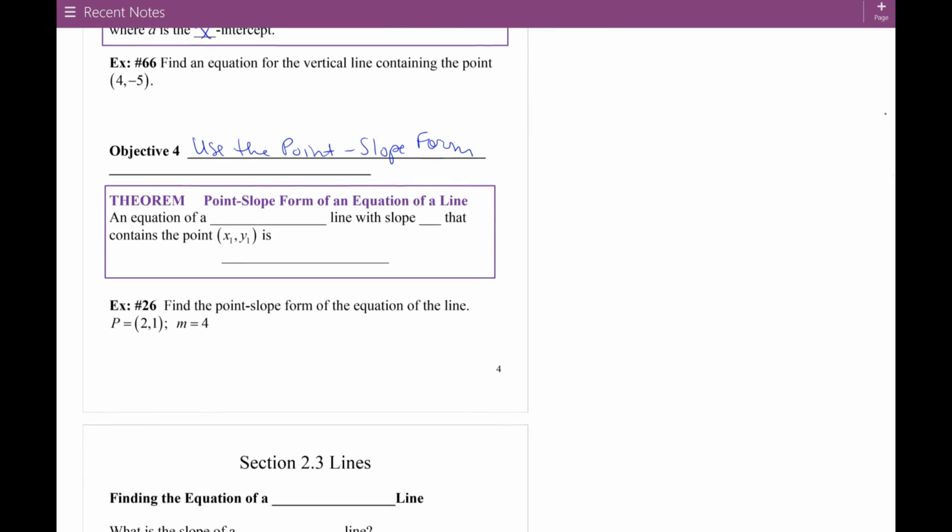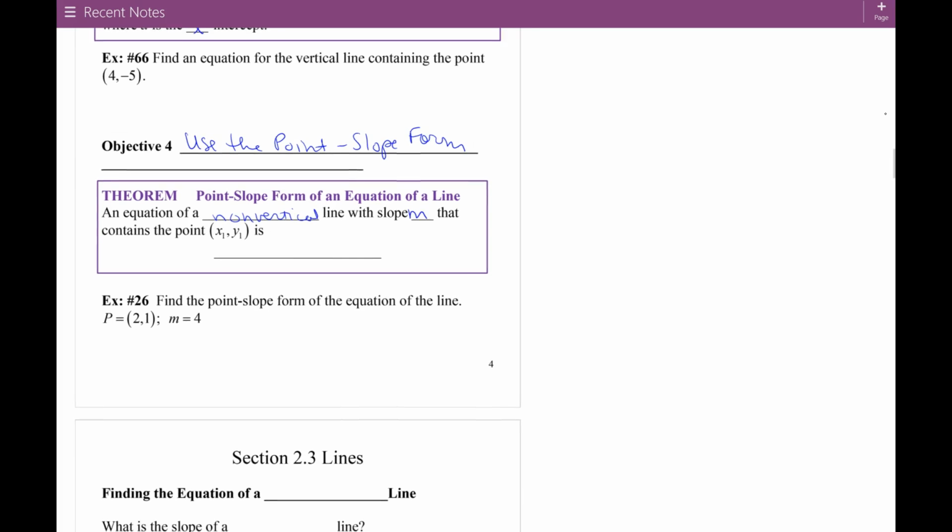So an equation of a non-vertical line with slope m that contains the point (x1, y1) is y minus y sub 1 equals m times x minus x sub 1.